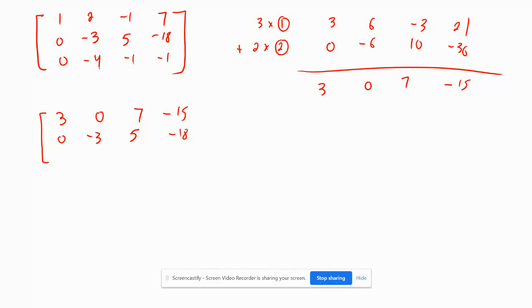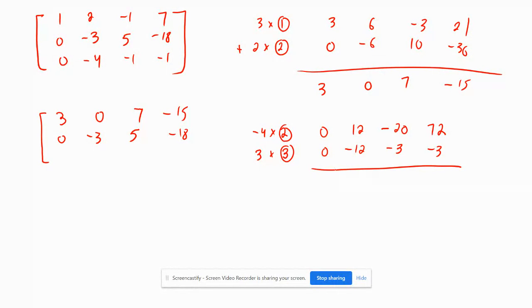All right, now I want to get rid of this negative 4. So I'm going to go negative 4 times equation 2, and then 3 times equation 3 is 0, 12, negative 20, positive 72, 3 times the bottom equation, and this gives me 0, 0, negative 23, 69.